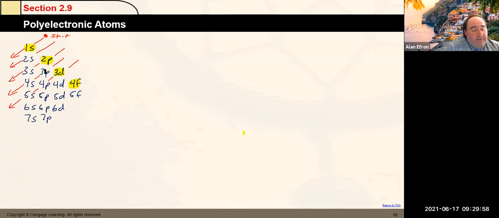We would zig back to 3p. And what confuses people is that after the 3p, it is actually the 4s orbital that is lower in energy than the 3d. So the 4s orbital would get the electrons first, then you would come back to the 3d. And that same pattern follows. You go to the 5s and then zigzag back to the 4d.